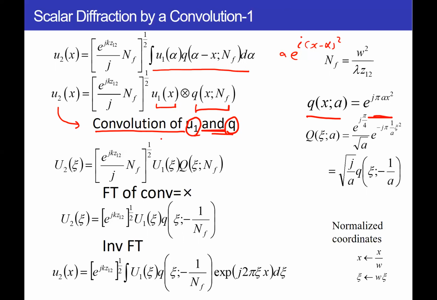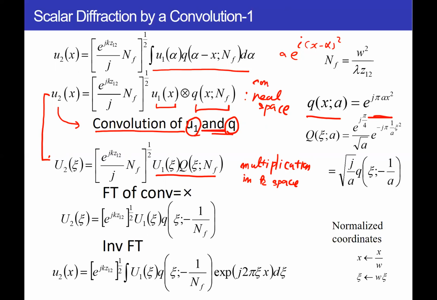And then we have a very important relationship. If you have a convolution relationship in real space, and then you do the Fourier transformation on both sides, the convolution in real space is now just a multiplication in K space, or vice versa.